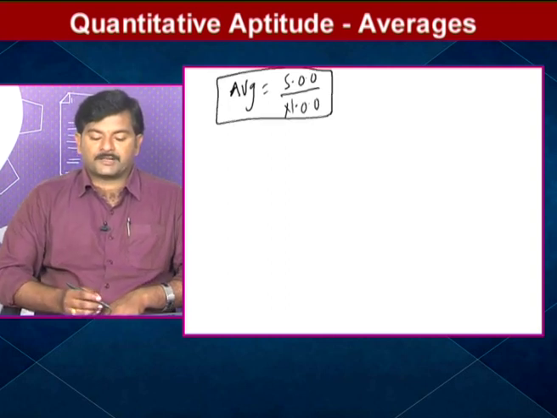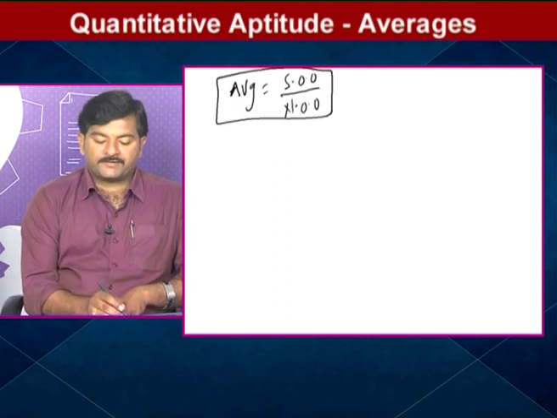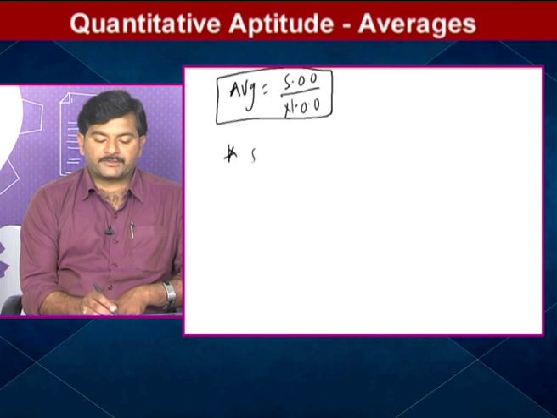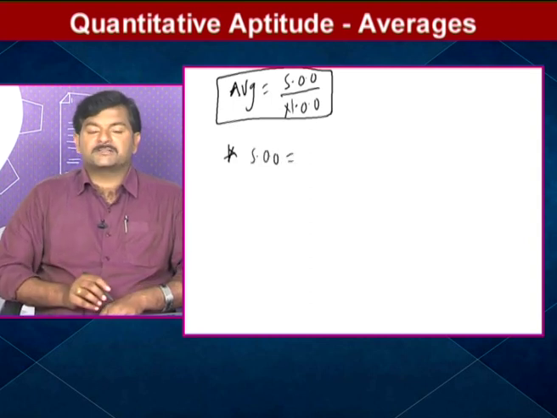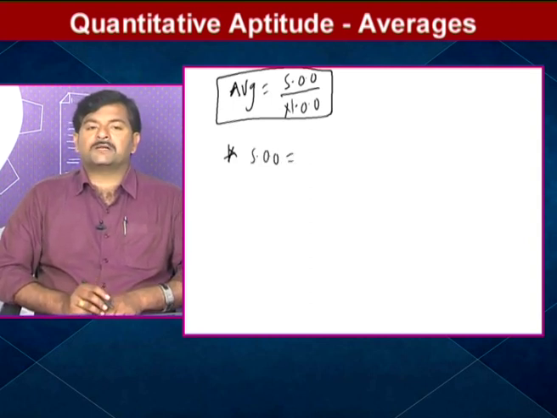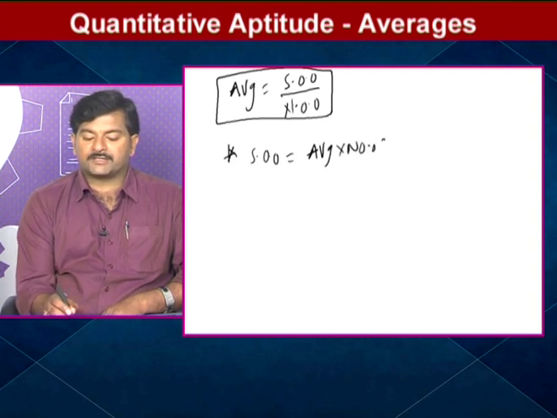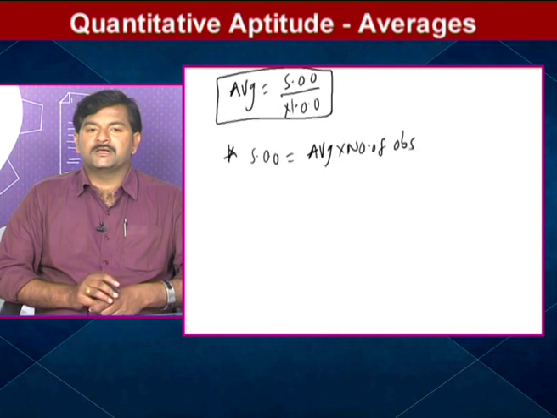From this again we can derive two different formulas. First, for example, we have to find out the sum of the observations. Sum of the observations equals average into number of observations. Remember.